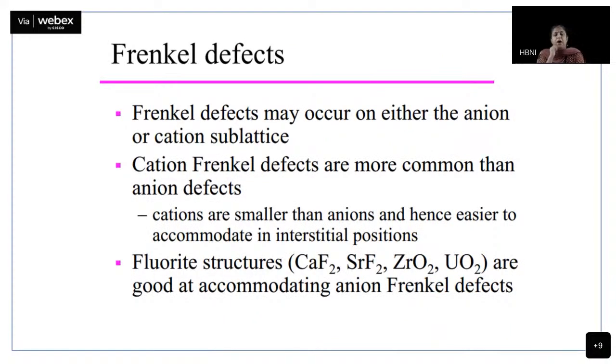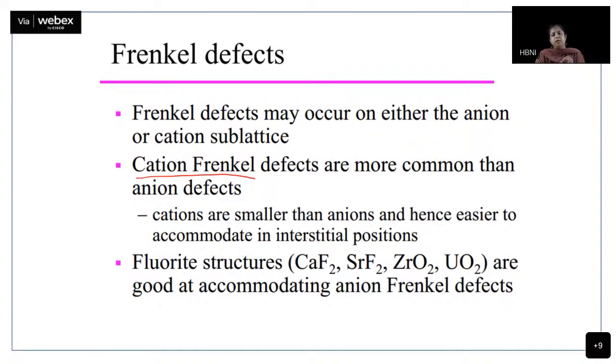Okay, now in Schottky defect you are removing one cation and one anion. In Frenkel defect, that particular atom can move either from the anionic sublattice or from the cationic sublattice. Okay, it can go from anywhere, but cation Frenkels are much more prevalent. Why?